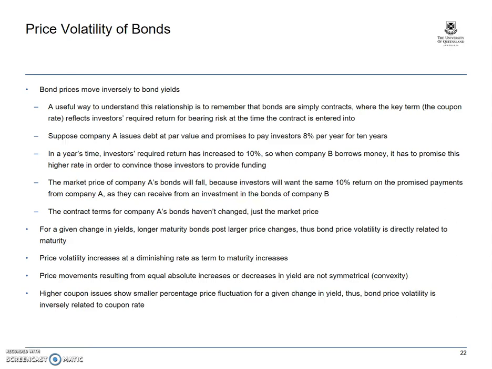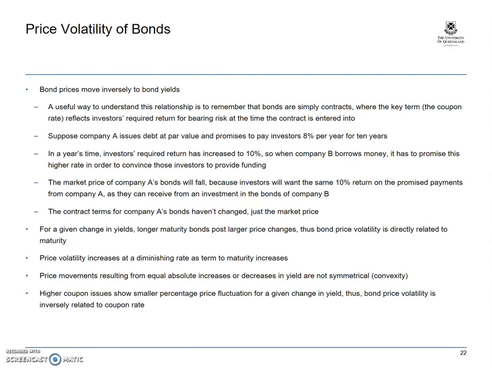So a useful way to remember this relationship is to remember that bonds are simply a contract where the key term, the coupon rate, reflects investors' required return for bearing risk at the time the contract is entered into. But suppose Company A issues debt at par value and promises to pay investors 8% per year for 10 years. But in a year's time, investors require a rate of return of 10%.